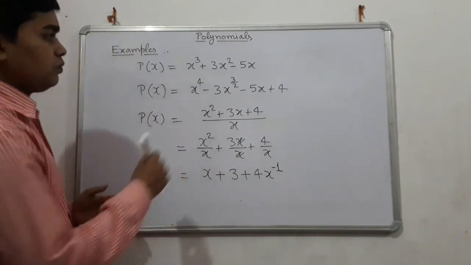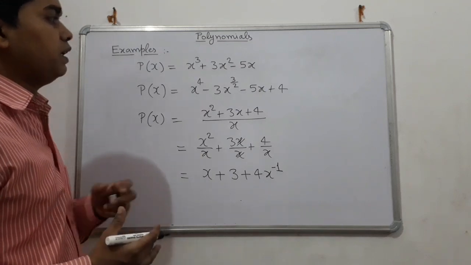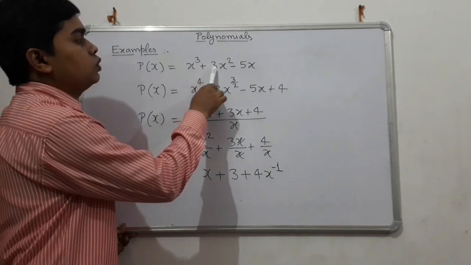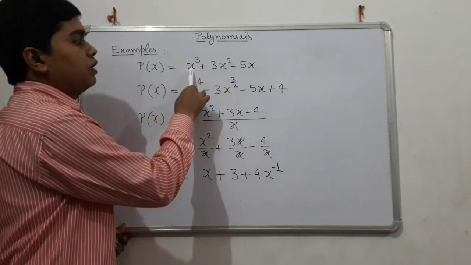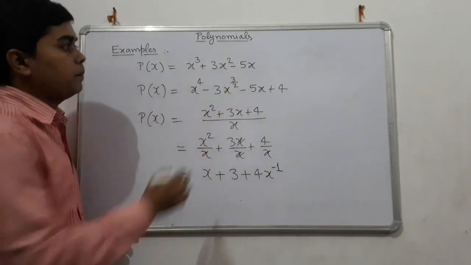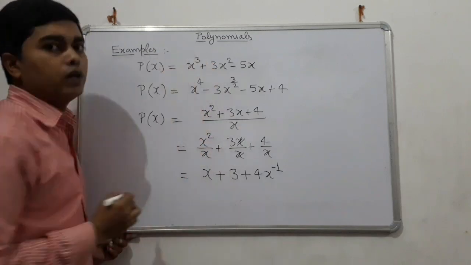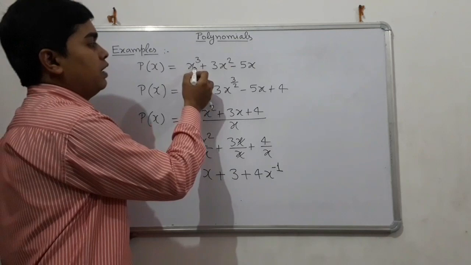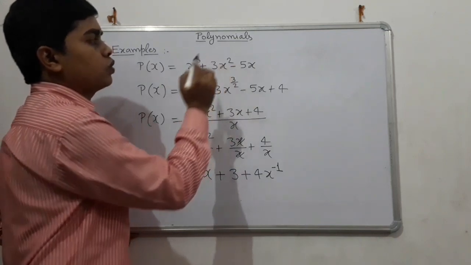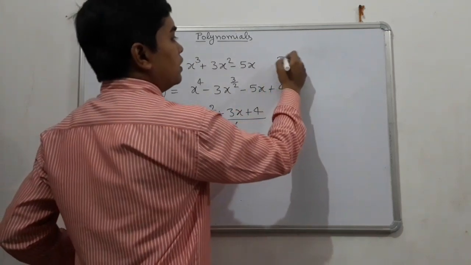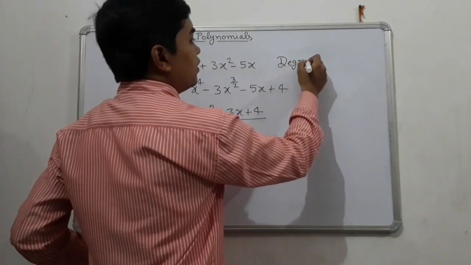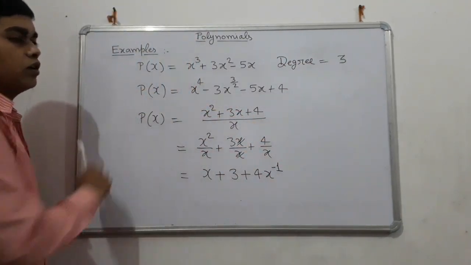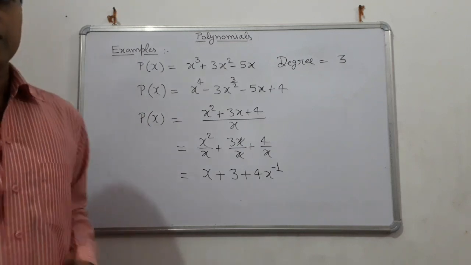And if we will say how many terms are there, so what you will say, see 1, 2, 3, in this polynomial we have 3 terms, okay, and highest power is called degree of the polynomial. Means if you have x cube plus 3x square minus 5x, then degree of this polynomial will be what? 3. Okay, and these two are not the polynomial, so we can't say.